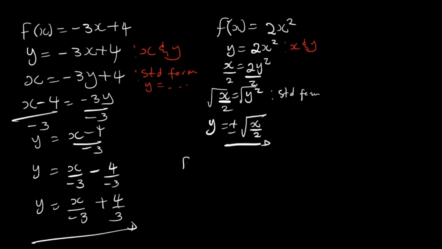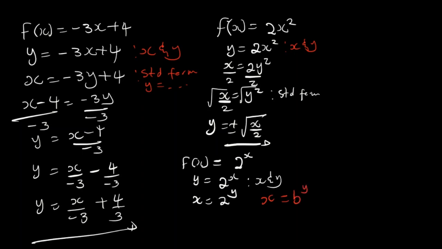Consider now having f of x is equal to 2 to the power x, which you'll write as y is equal to 2 to the power x. And then you interchange your x and your y. You have x is equal to 2 to the power y. And now, because these are logs, where if you had something like x is equal to b to the power y, therefore the equation will be y is equal to log base b of x.